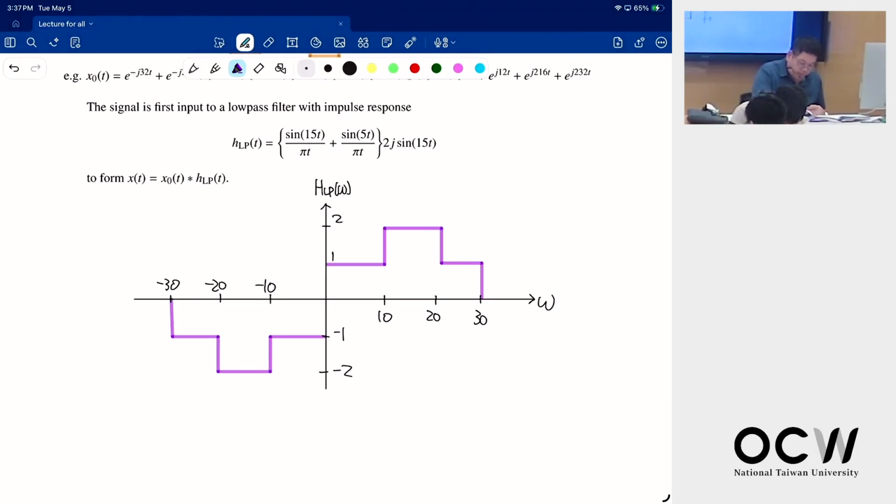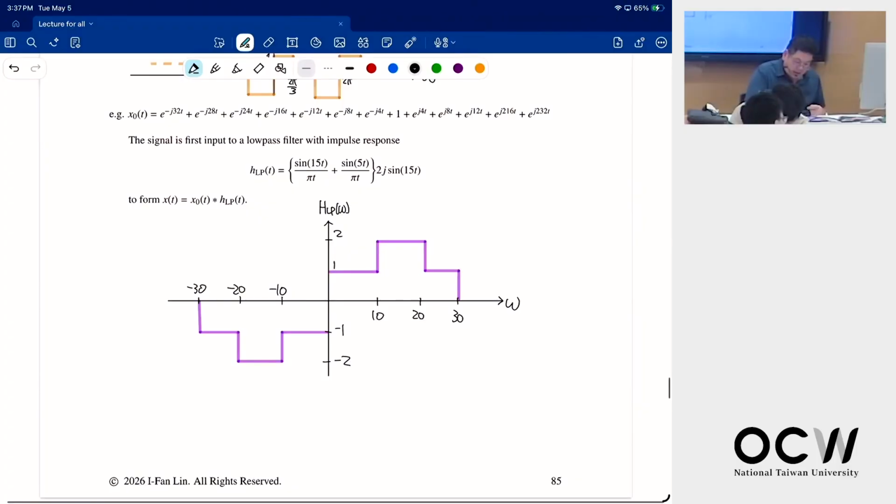So after having the Fourier transform or the frequency domain of the low pass filter, so what is X?